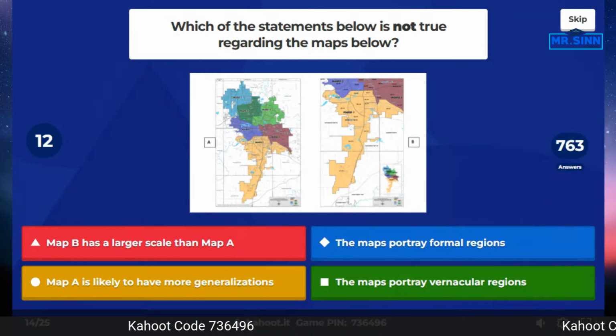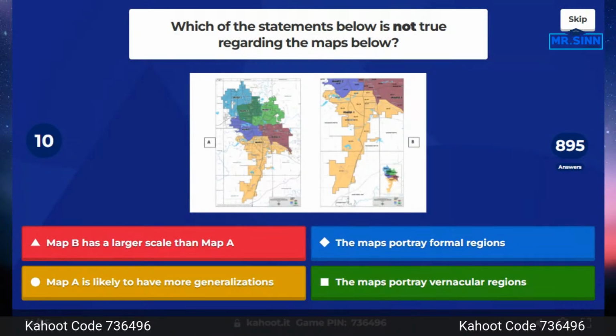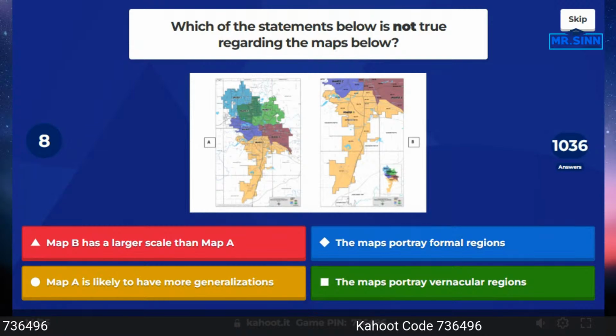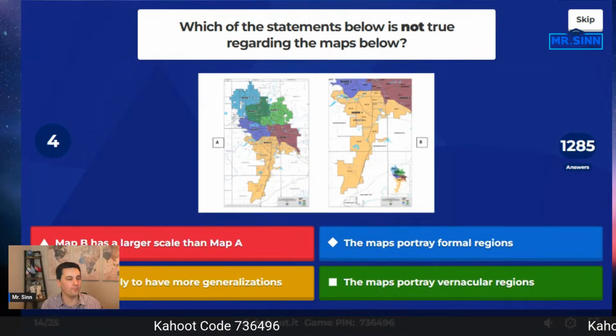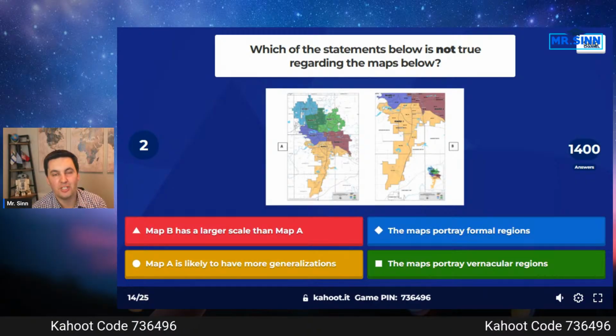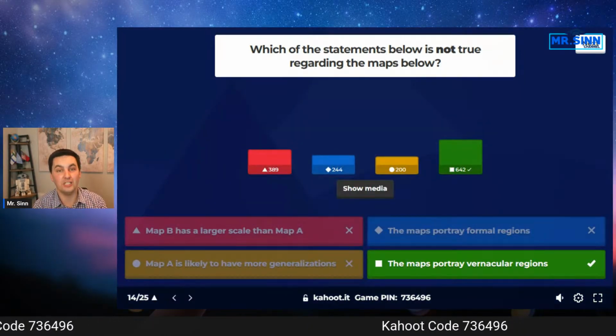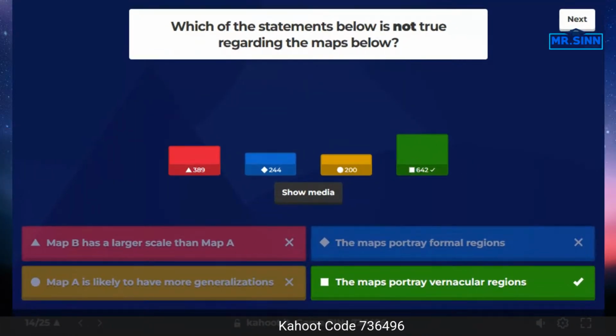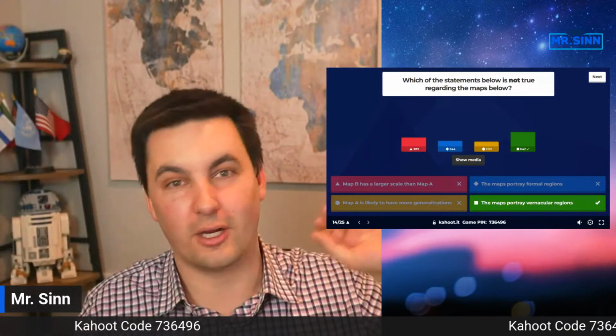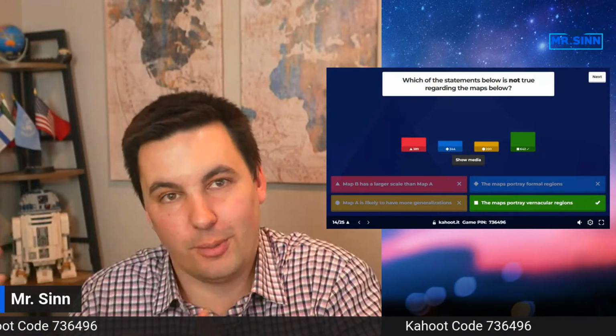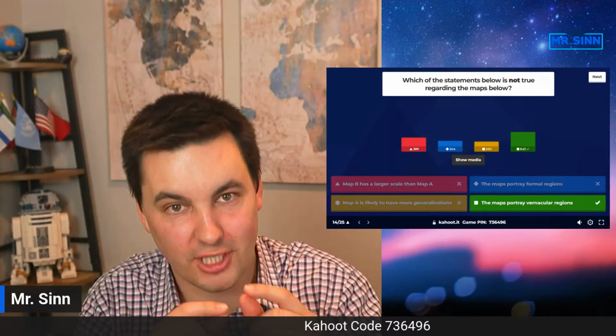Some people are asking whether a regional scale would be larger or smaller than a national scale. This is where, with the AP test, it's really important to read carefully. If we're talking about global regions like North America or South America, that would be bigger than the national scale, because the national scale is just talking about the country.